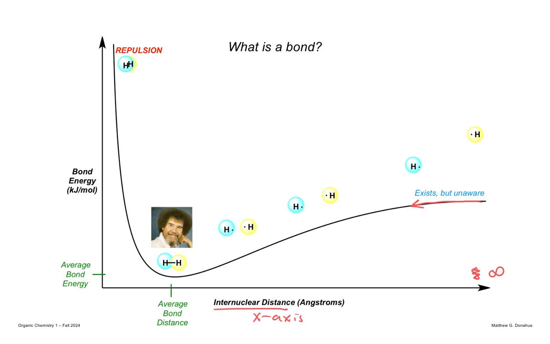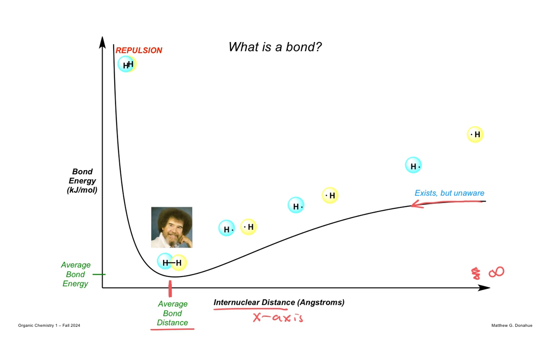And as they go more towards the left, they're getting closer and closer. So eventually they're attracted to one another. And at some point, they do form a bond. And so on this x-axis, in Module 3, when we start talking about bond distances, we report like a single number.